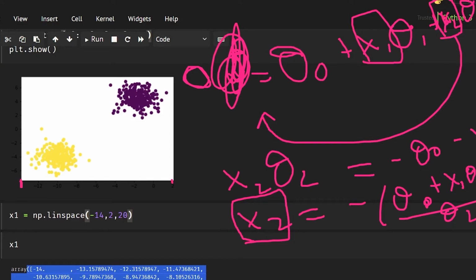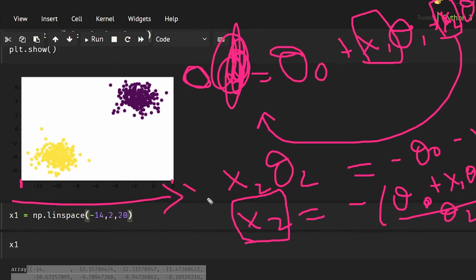Okay, and now we are going to predict x2. We have x1 here, and now we are going to predict x2 using this formula.